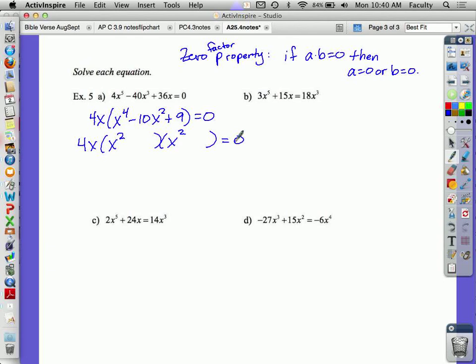And I'm trying to think of two numbers that multiply to positive 9, but add up to negative 10. Good. A minus 9 and a minus 1. Now, do you notice those are both differences of two squares, so they'll both factor.